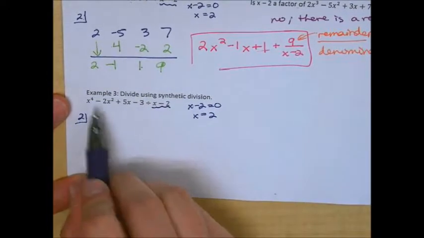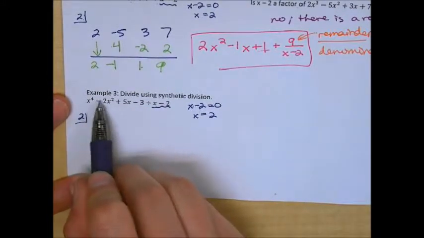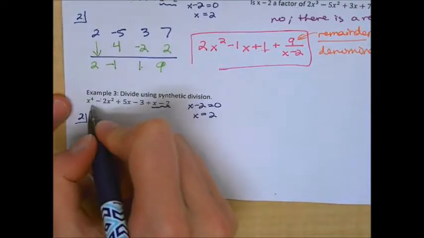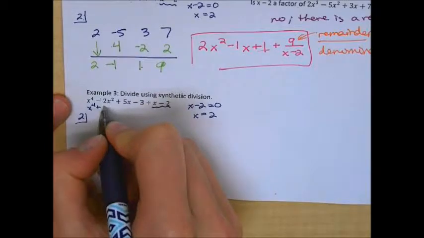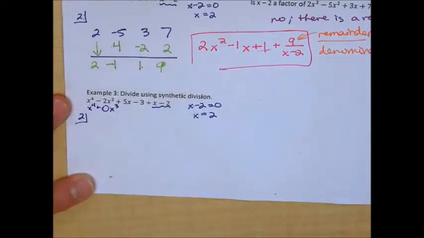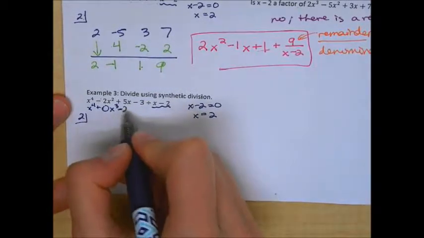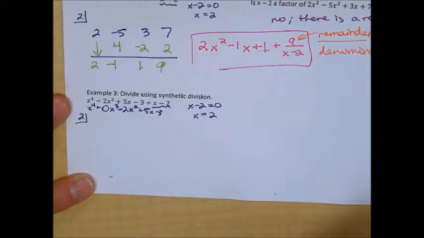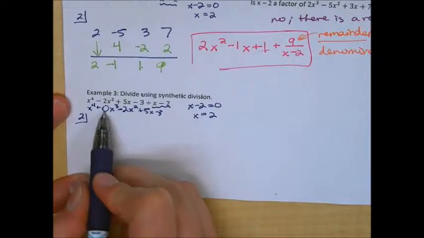Are we in descending order? This is 4. What should come after 4? 3. Since there's no 3, we have a 0 x to the third there. We have to make sure we put that 0 there.